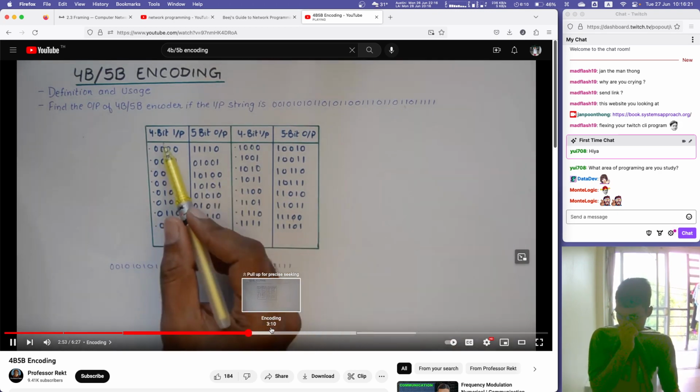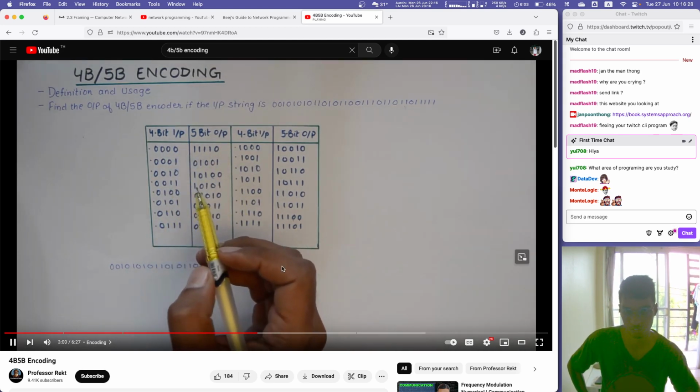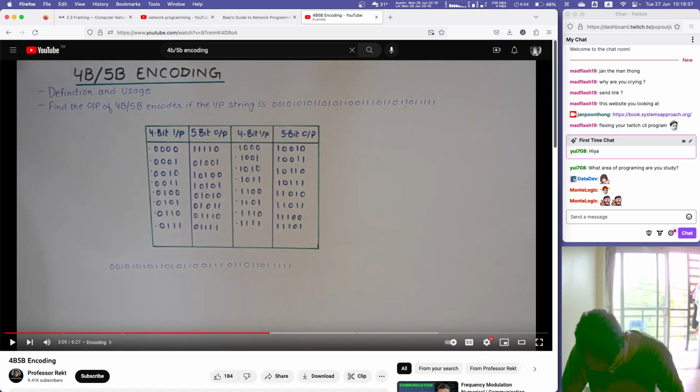So even if you combine two codes, then you'll never get a string of zeros greater than 3. I'll show you that with an example.